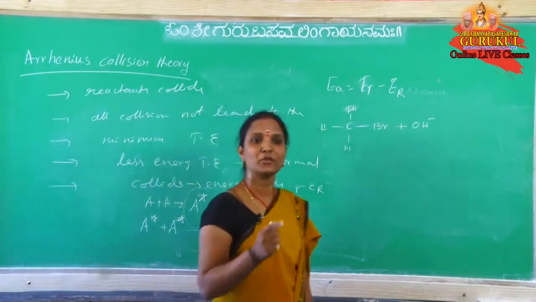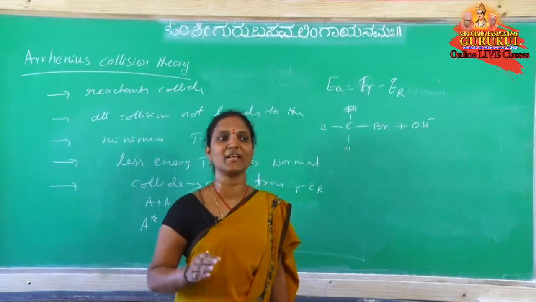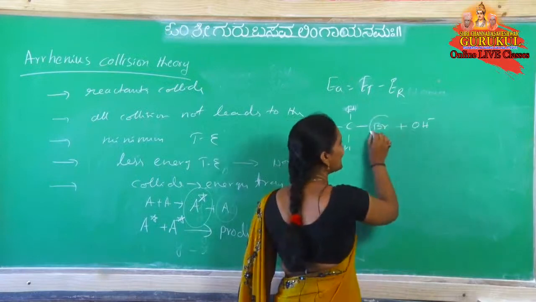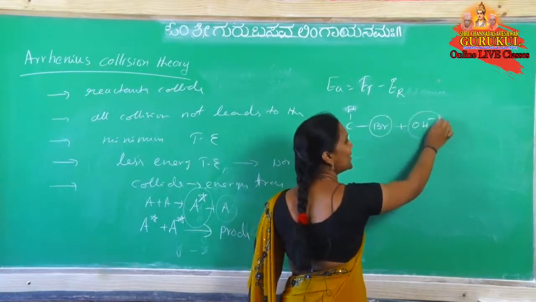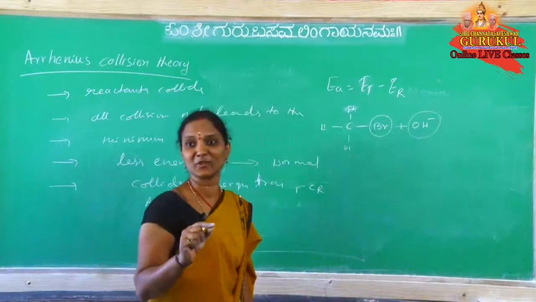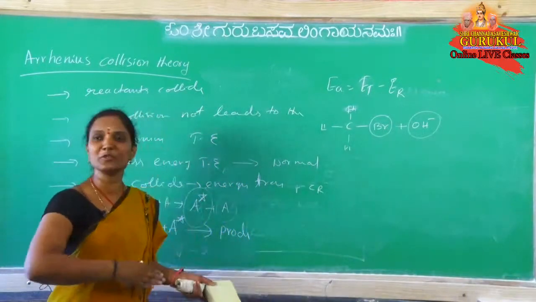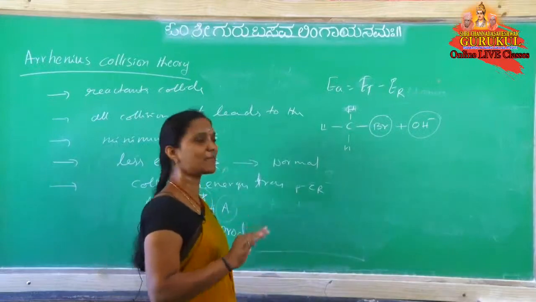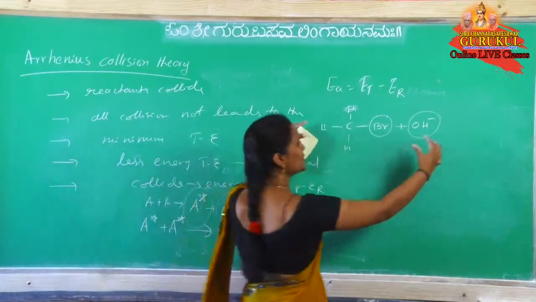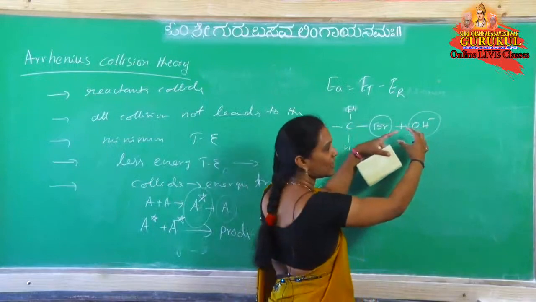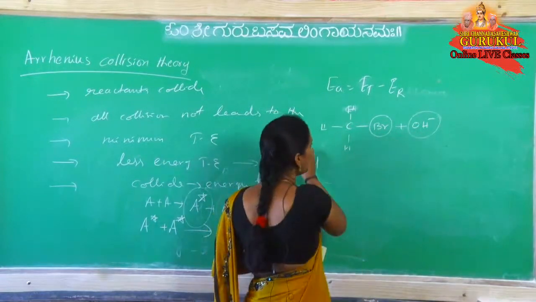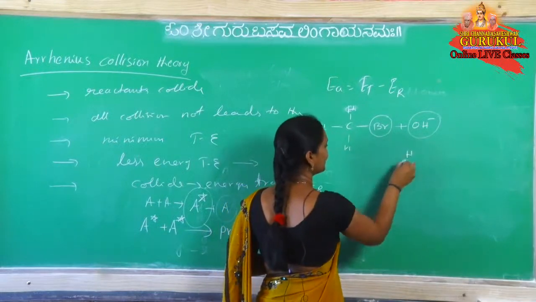The reaction is an organic nucleophilic substitution reaction. The negative species is called a nucleophile. One nucleophile is replaced by another nucleophile, so the reaction is a nucleophilic substitution reaction. Now these two approach like this, and no reaction takes place. But here this OH minus approaches from the backside.